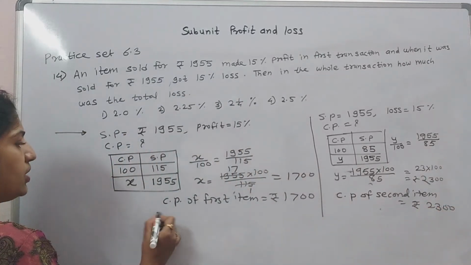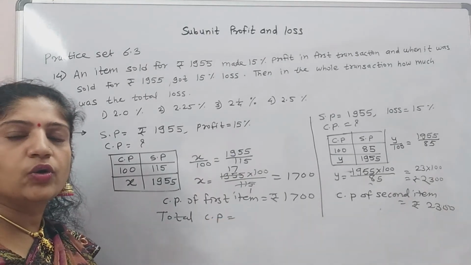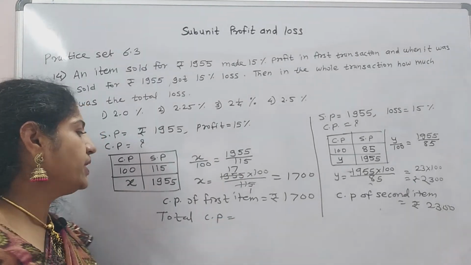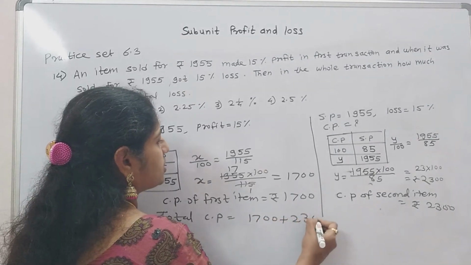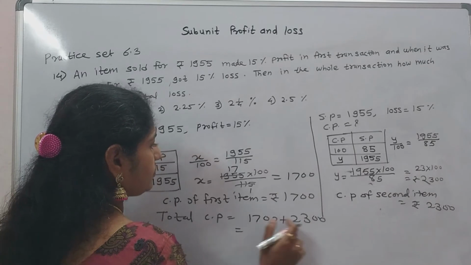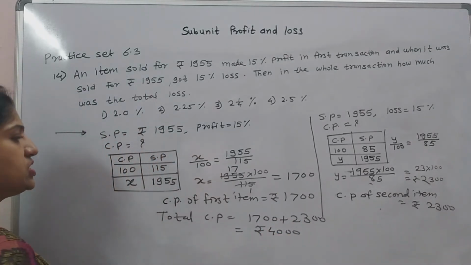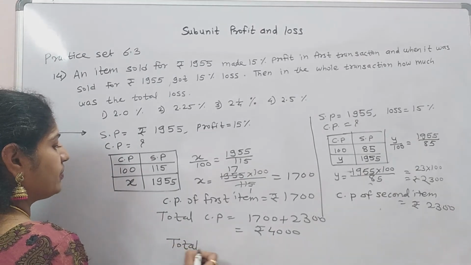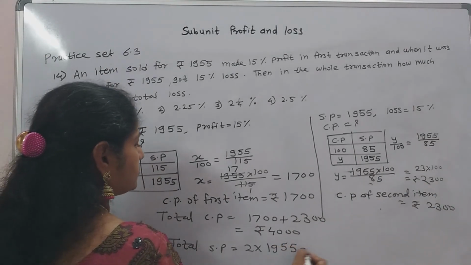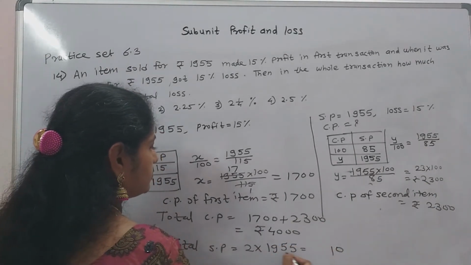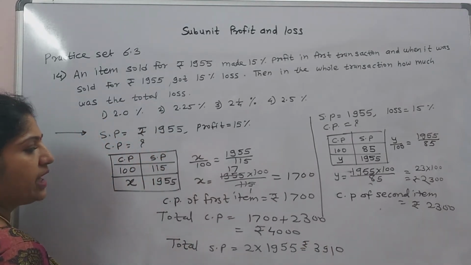$2,300. So total cost price, we have to find the total loss. So first find the total cost price, 1700 plus 2,300, that is 4,000. Total cost price is 4,000 and total selling price equals 2 into 1955, 3,910.